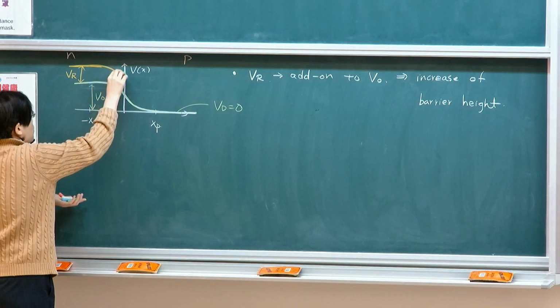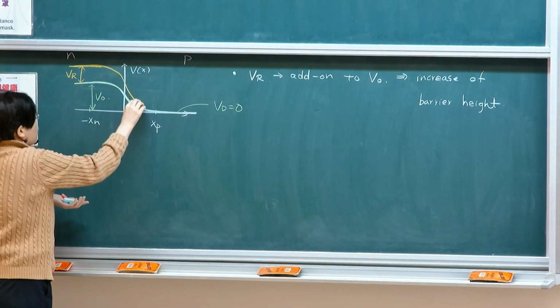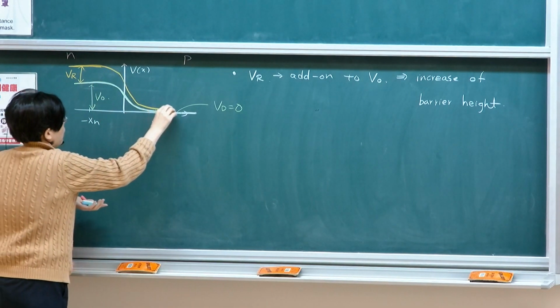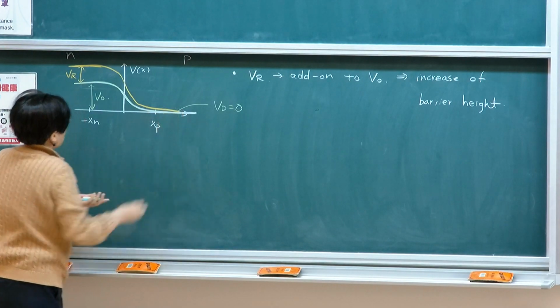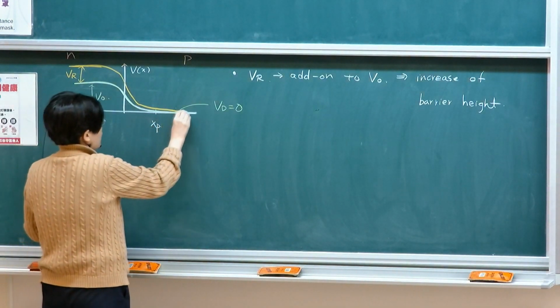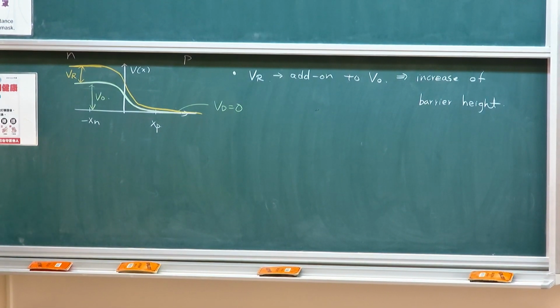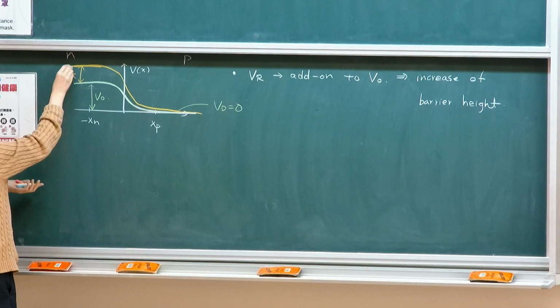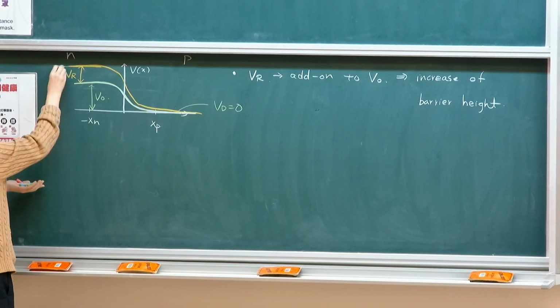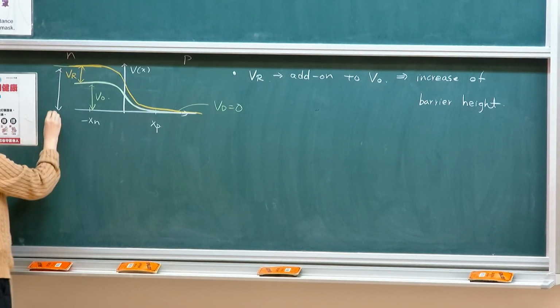And then the transition region will be wider down here. Okay? So one key important thing you can see is the total barrier height, from here to here.